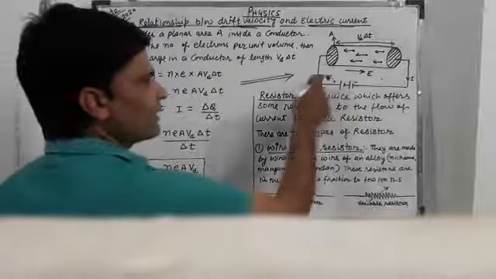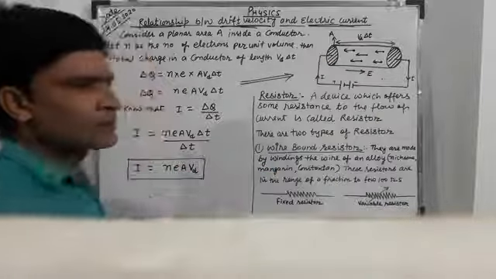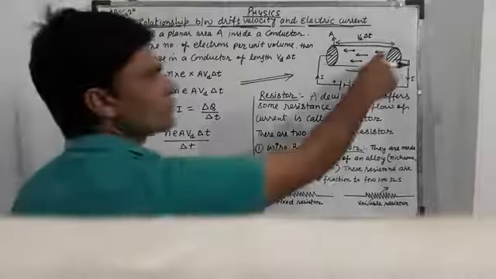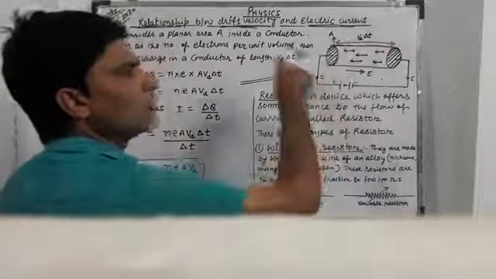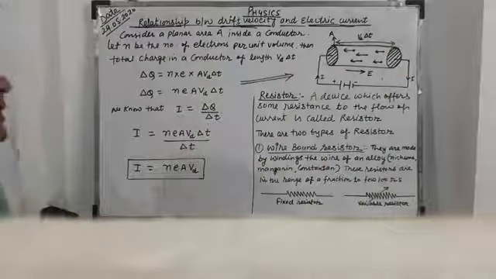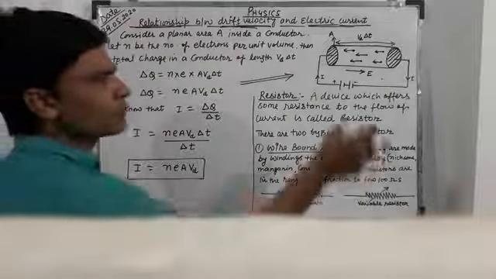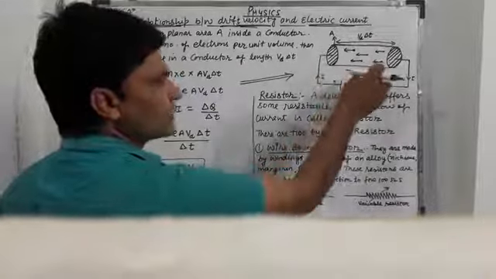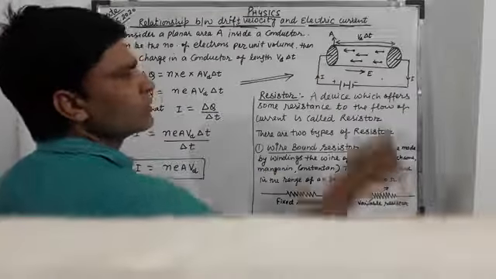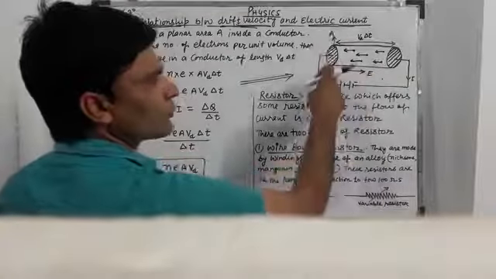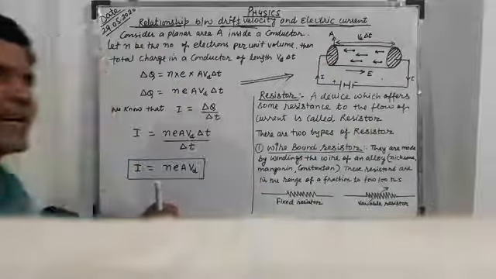When an electric current is passed through the conductor, electrons move from right to left, because current and electric field both are from left to right.